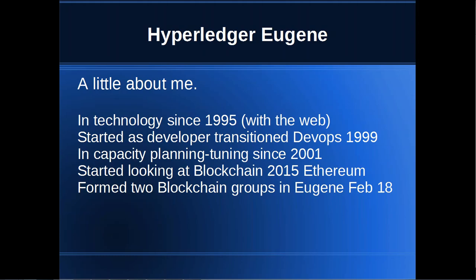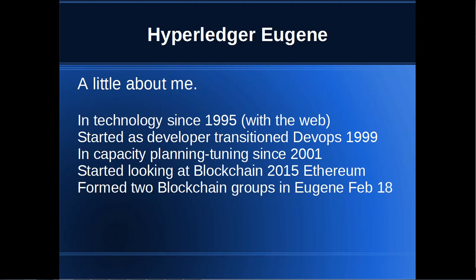Since 2001 I've been fully involved in capacity planning and tuning and designing infrastructures and so on, from dedicated servers through virtual servers through cloud, and now we're going to the edge, which I'll talk about in tonight's presentation.